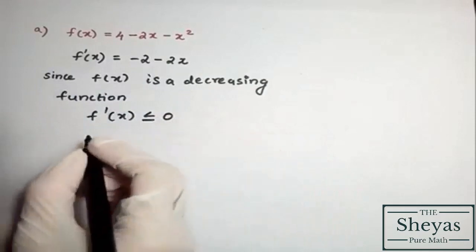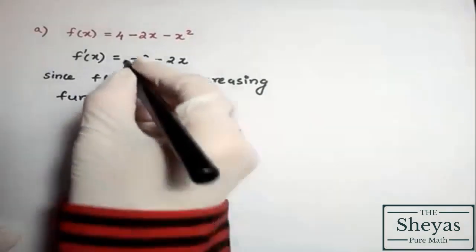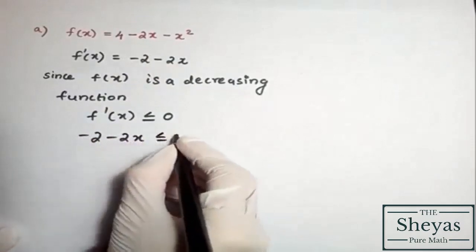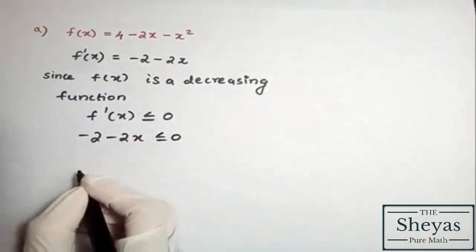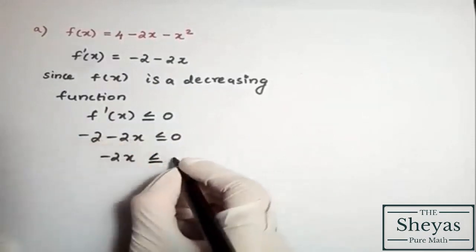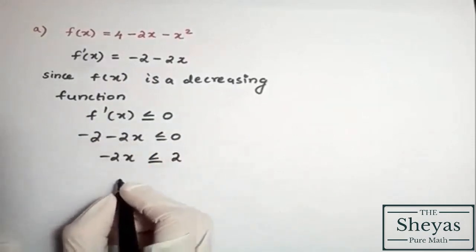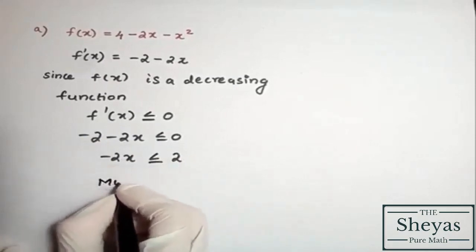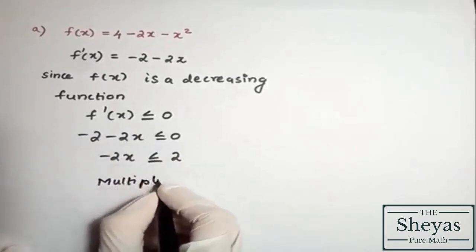So what is f dash of x? Minus 2 minus 2x less than or equal to 0. Now minus 2x I am keeping this side and taking this 2 to the other side. So here I am multiplying this inequality with a negative sign.